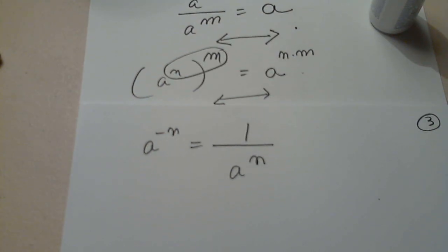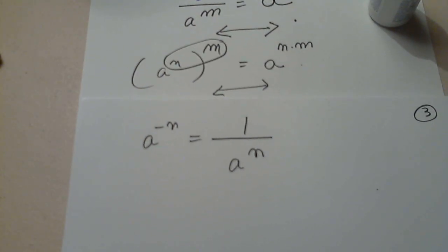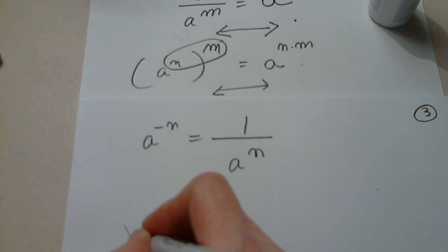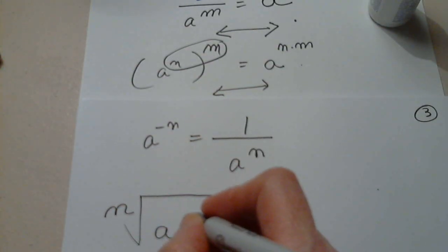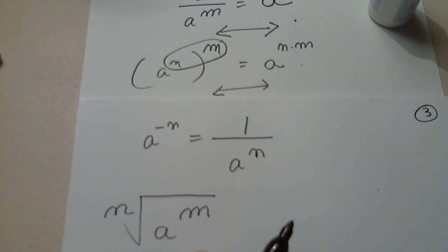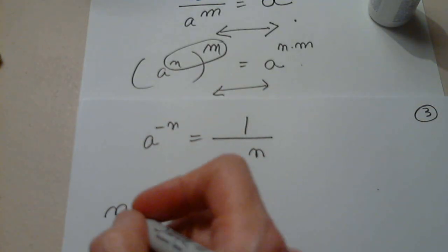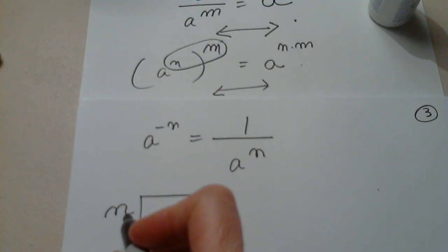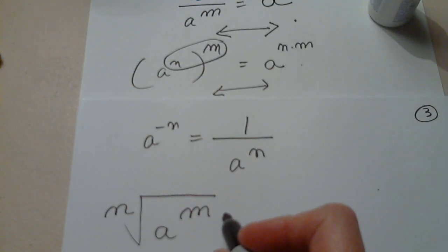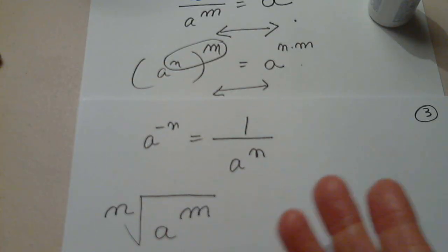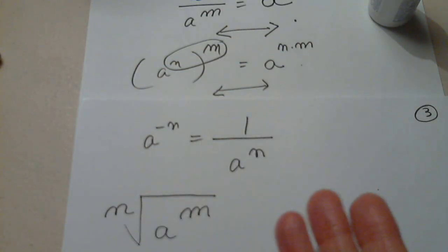One very, very important rule that you're going to see here a lot is this. The nth root of a to the mth power. It's a mouthful. The nth root of a to the mth power. And you can say, what's the connection? This is a radical. This is a power. What are you talking about?